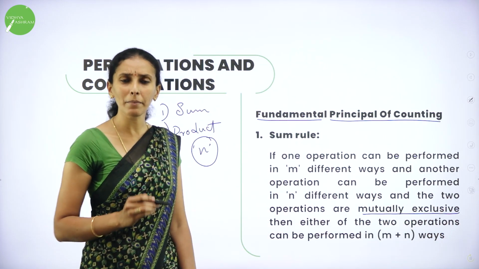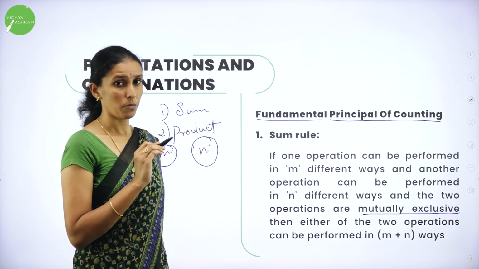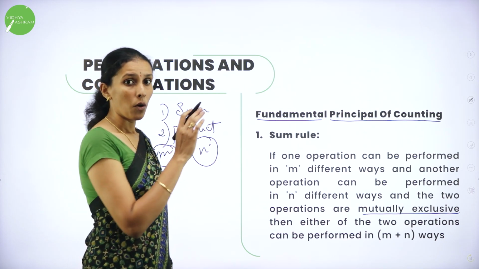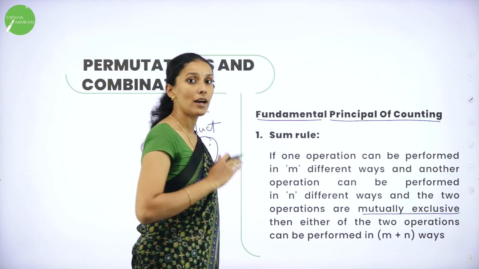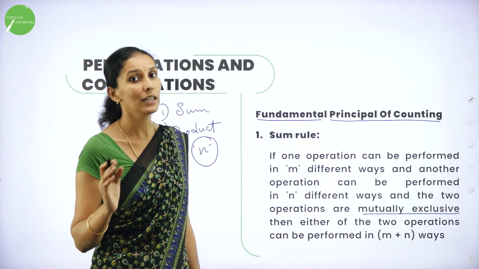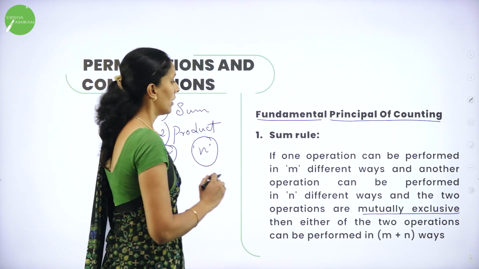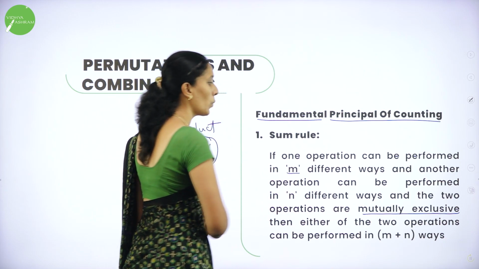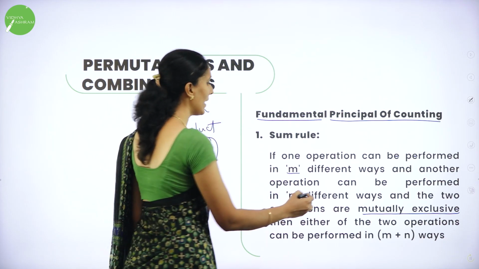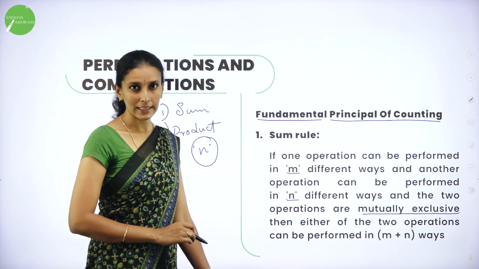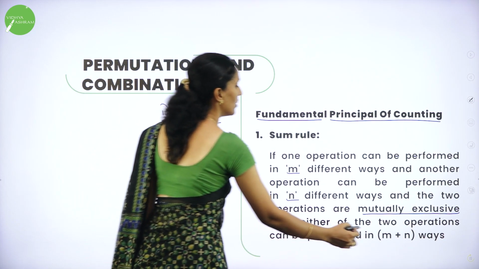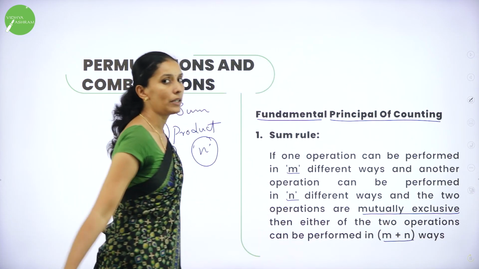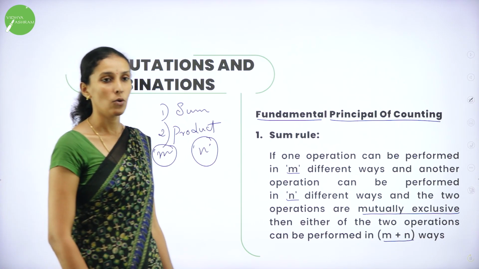What do you mean by mutually exclusive? Mutually exclusive means happening of one thing does not disturb the happening of the other. Then m different ways of one thing and n different ways of the other thing, the total number of operations can be written as m plus n ways.